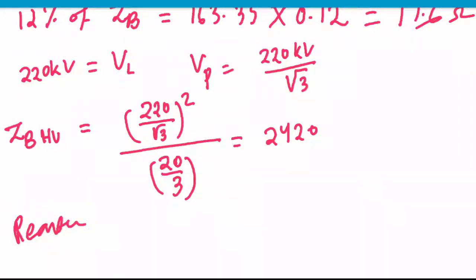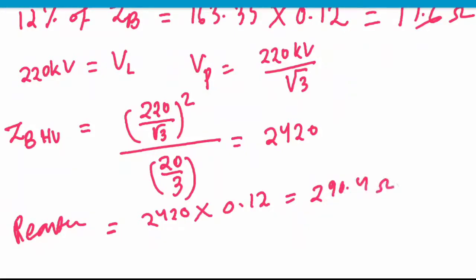Reactance referred to the primary side will be 2420 into 0.12, that is 12%. This will be 290.4 ohm. So this is also can be asked.